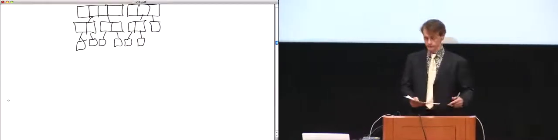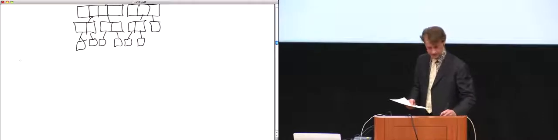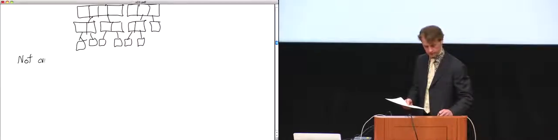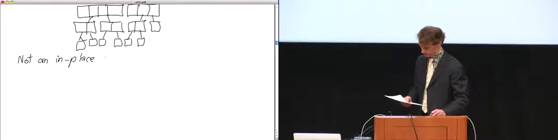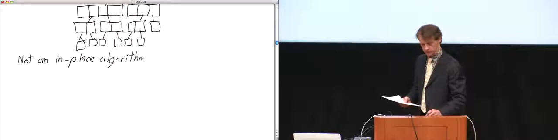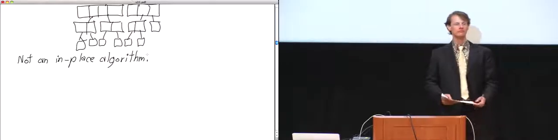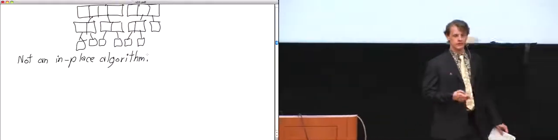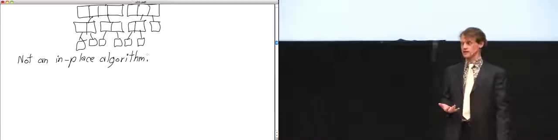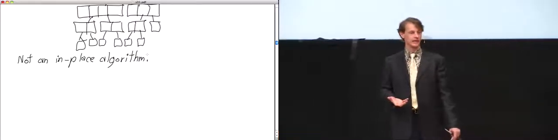One thing that differentiates merge sort from the other algorithms we've looked at is it's really not an in-place algorithm. People have tried to figure out versions of merge sort that you could run in place, and they just have turned out to be terribly, terribly complicated.